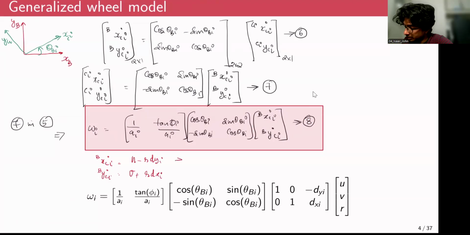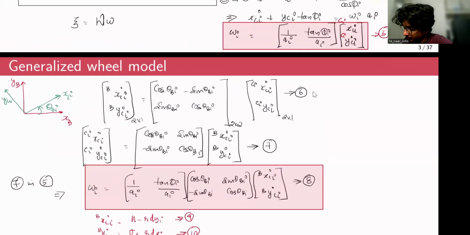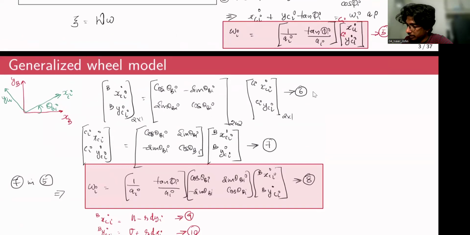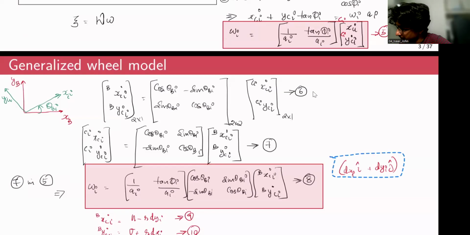So I label this as equation 9 and this as equation 10. Right? And the way we got this is basically we have these position vectors, dxi along this i unit vector and dyi along the j unit vector. So we do this omega cross r, the linear velocity equation. One second. We do this r k.